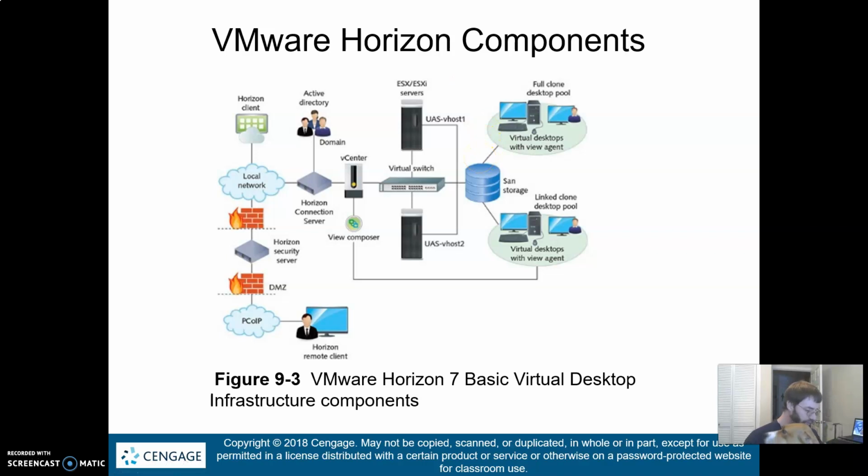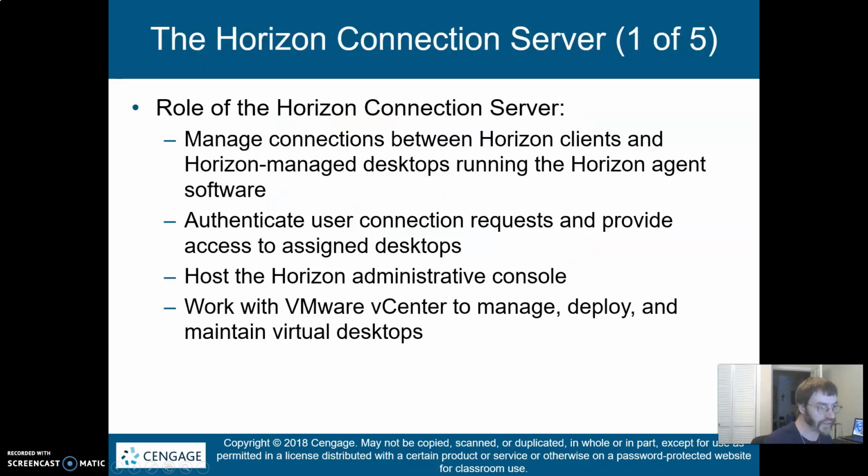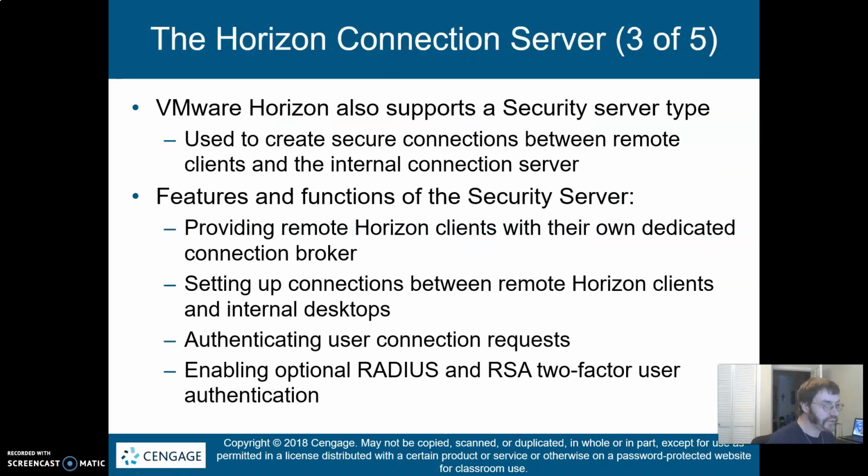You can authenticate remote users using things like Radius or RSA two-factor authentication, things like that. Like I said, you're providing your remote clients their own dedicated broker because it has different needs than your internal network, for remote clients to internal desktops authentication.